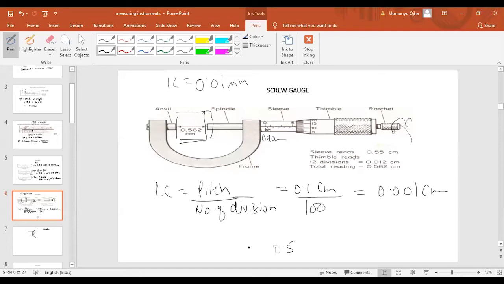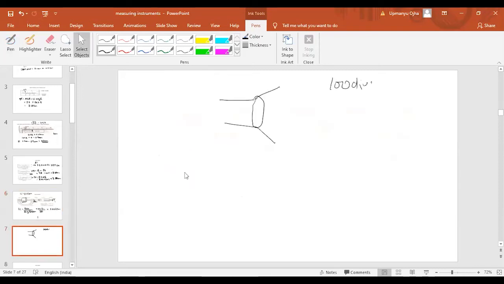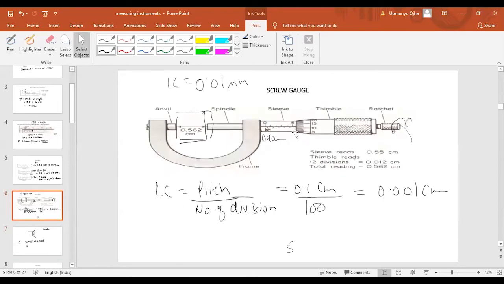So the reading in the screw gauge will be equal to the main scale reading plus least count into circular scale reading. The main scale reading is 0.5 centimeter. Now, which part of the circular scale is coinciding?